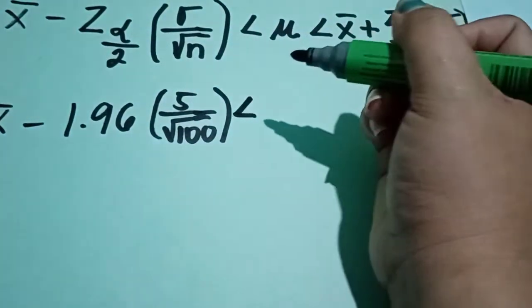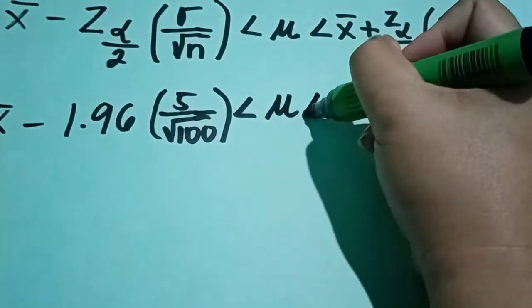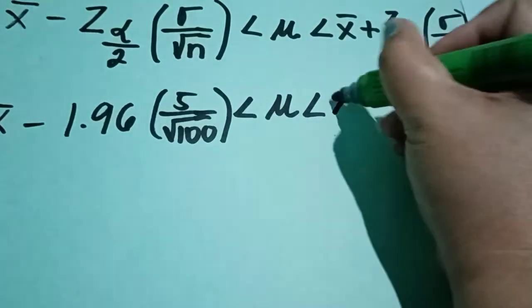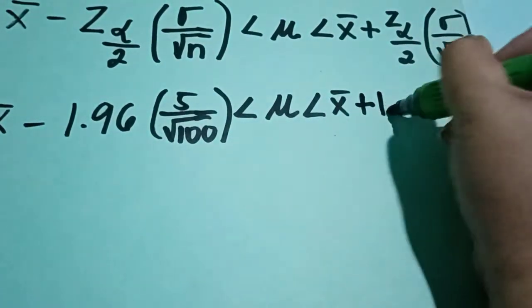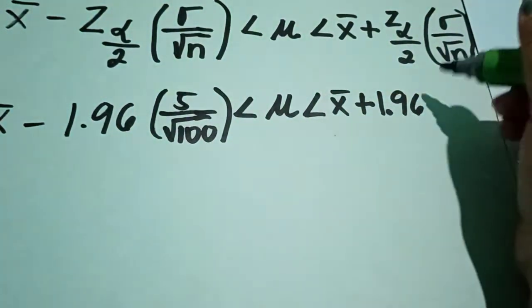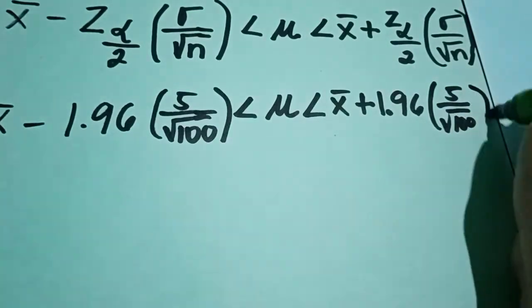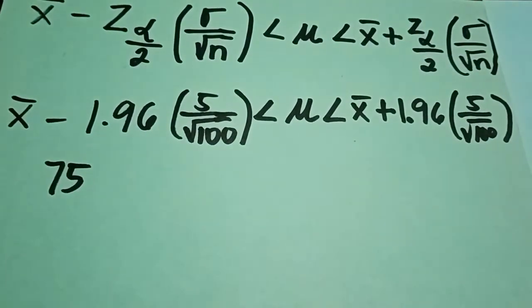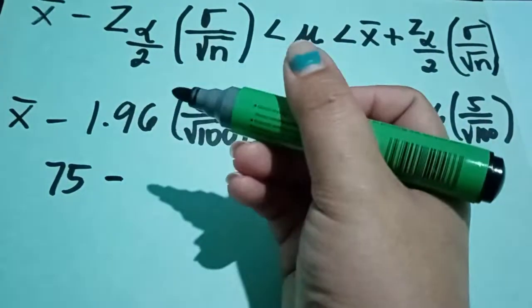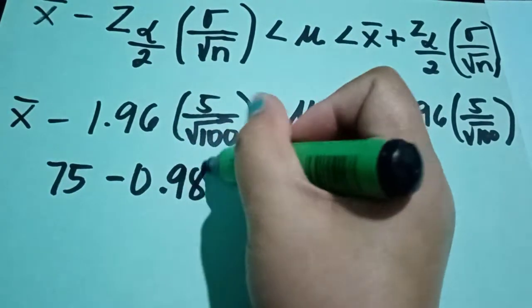Then we have here our mean, but it is less than the value of the mean plus 1.96 multiplied by 5 all over the square root of 100. We have here 75 as our mean, minus 0.98. How does it become 0.98?